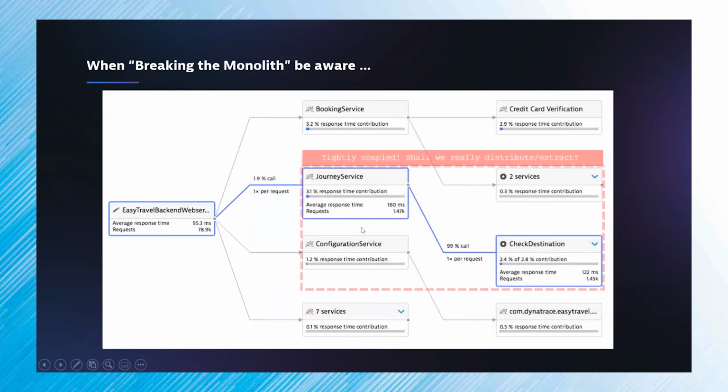That's where Dynatrace is able to help us understand the various APIs of your monolithic application. And within that application, this particular service is 99% of the time talking to this other service. So these services can be coupled together, even though they can be separate microservices, and kept in the same container.